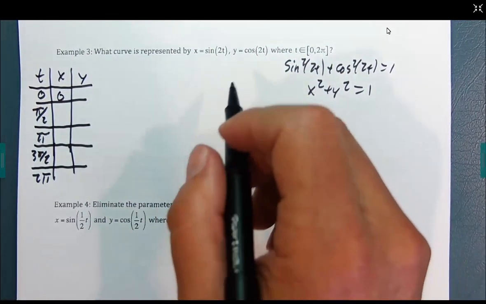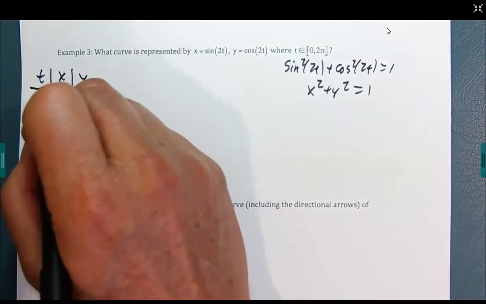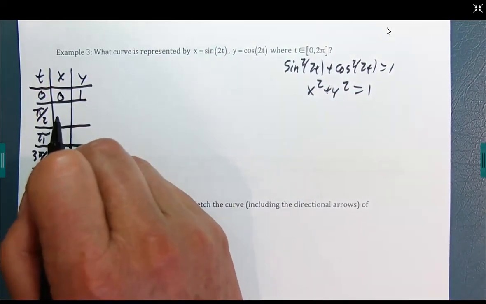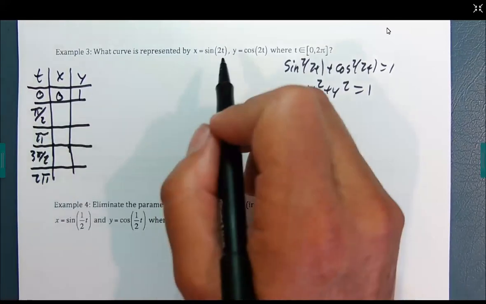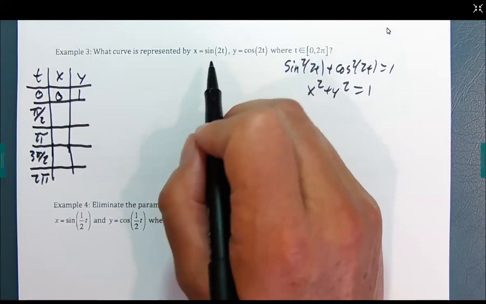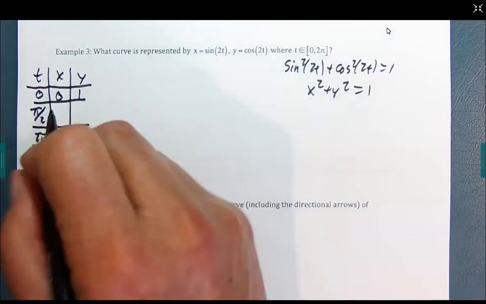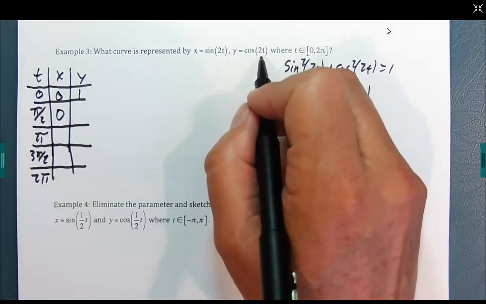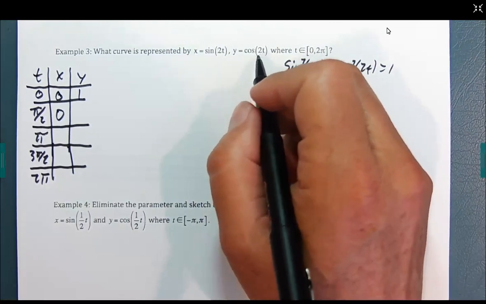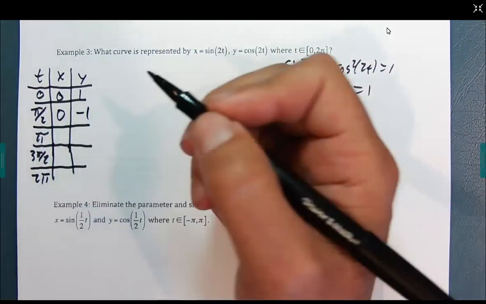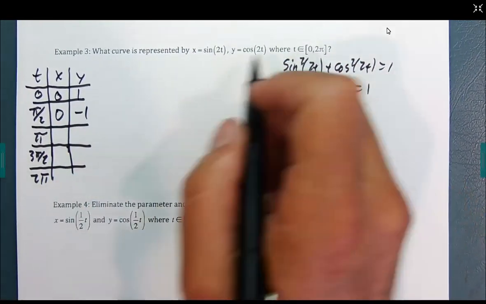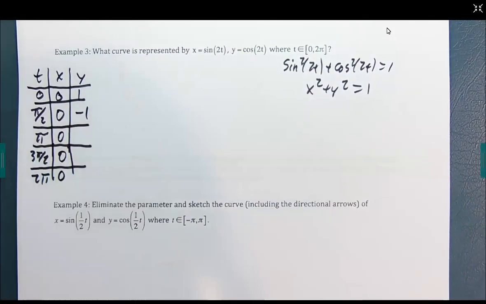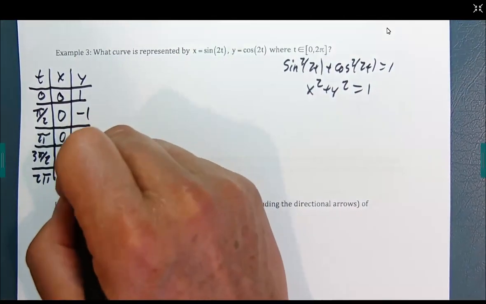Plug in 0 here, cosine of 0 is 1. Now, when I plug in pi over 2 here, do you see that that's going to give me sine? The 2's will cancel, and that's just going to be sine of pi. That's 0 again. And when I plug in pi over 2 there, that's going to give me pi, and that's going to give me a -1. In fact, all of these, when I plug them in for the x coordinate, are giving me zeros. And for this one, it just alternates.